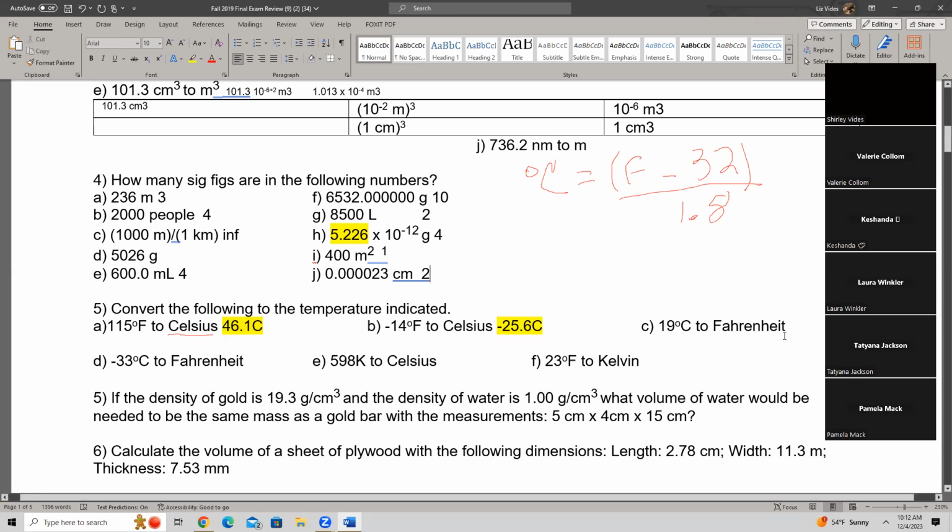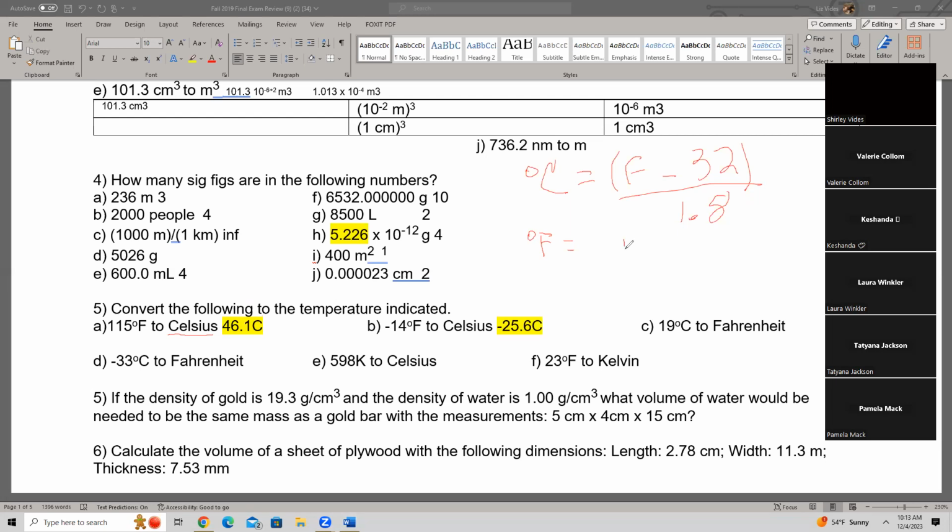Do you remember this formula? No. Okay, so the Fahrenheit formula is one of the ones that they're probably going to want you to know in your test if you're taking one of those. It is 1.8 times C, so times the Celsius, right?